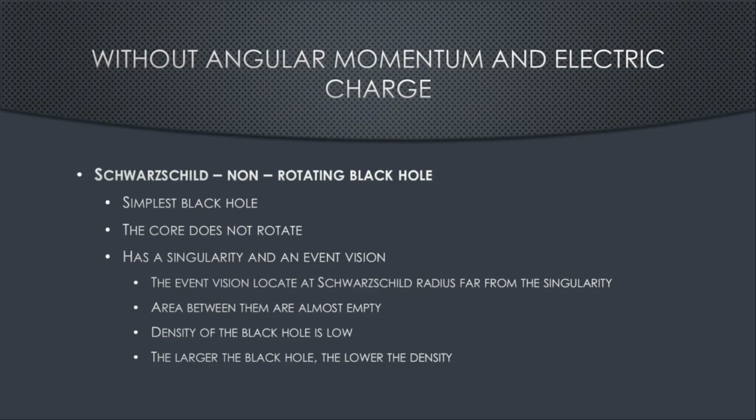The event horizon is located at the Schwarzschild radius, far from the singularity, and the area between them is almost empty. So the density of the black hole is low, and the larger the black hole, the lower the density.